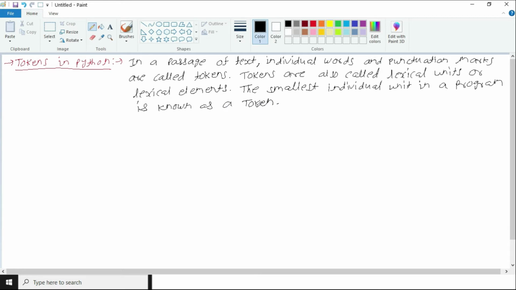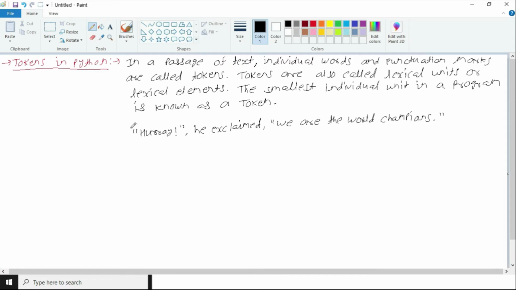For example, let's see another English sentence: "Hooray!" he exclaimed, "we are the world champions." So this double quote, this word, the punctuation marks, the exclamation mark, the other quote, this comma, these words, comma, quote, words, period, and this quote.